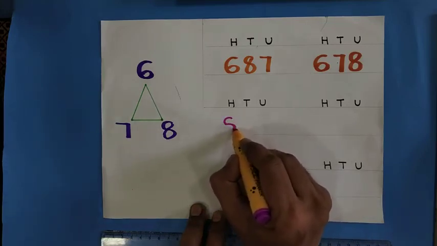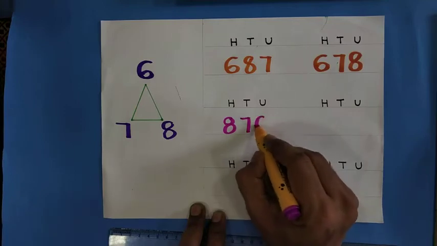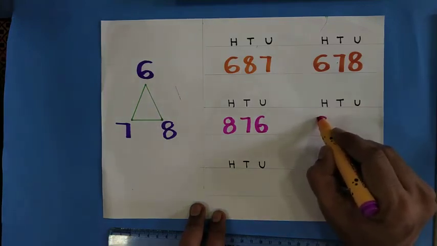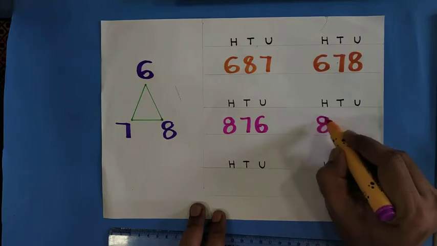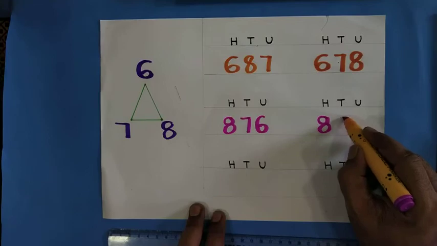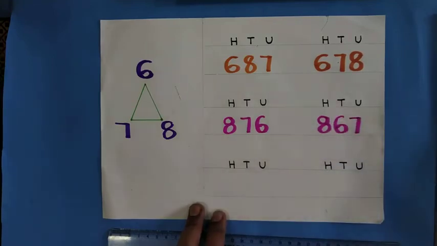Now take the next number and make 3-digit numbers. 8 at the 100 place, 7 at the tens place, 6 at the unit place. 876. Now again 8 at the 100 place. Now anti-clockwise. This is clockwise, this is anti-clockwise. 6 and then 7. So you got the number 867.